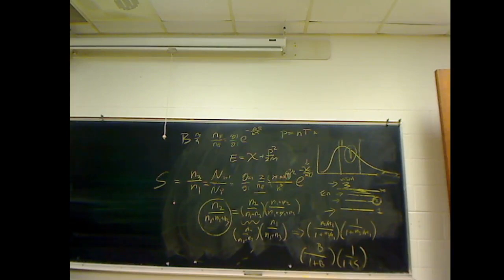As I keep increasing the temperature, I kick things out of the first excited state, and they get ionized too. So this is the fraction of atoms that are in the first excited state, N2. It goes up with temperature, there's a peak around 10,000 Kelvin, and then it goes back down again.